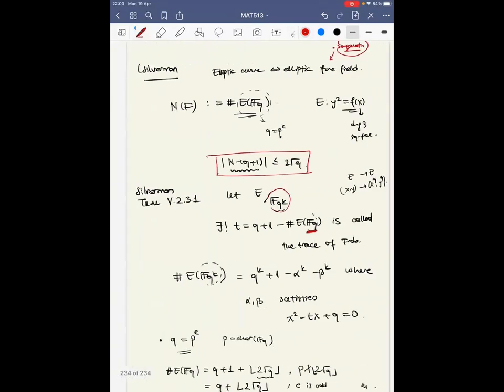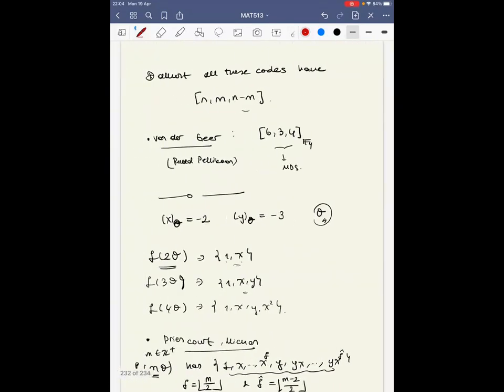And similarly, if we want to consider the evaluation map, it can be nice to understand what kind of generator matrices we can have for an algebraic geometric code produced by elliptic function fields.